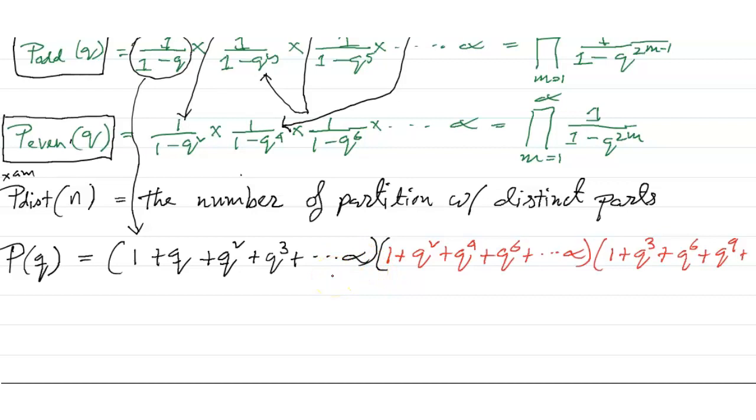Now we discuss number 1. These portions, this portion is 0 part equals to 1, and these portions, this portion is 1 part equals to 1.